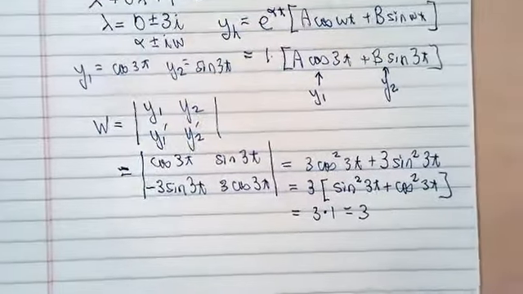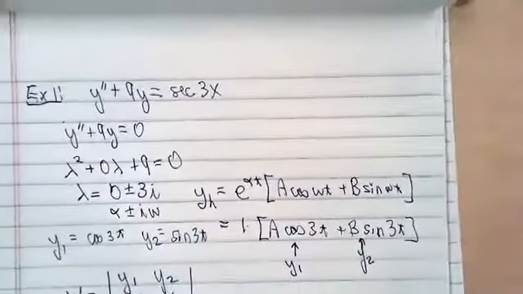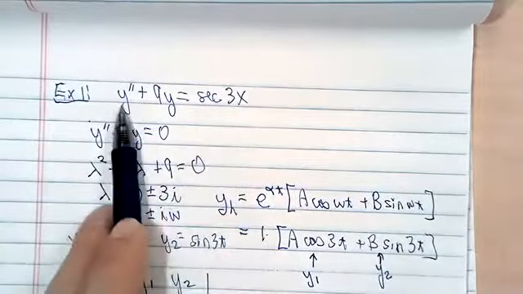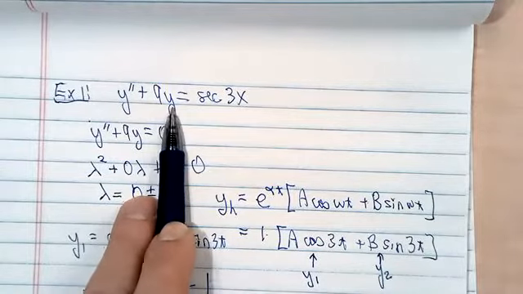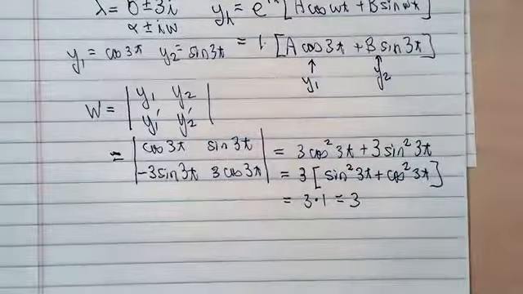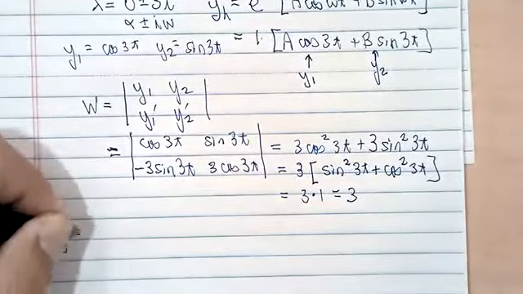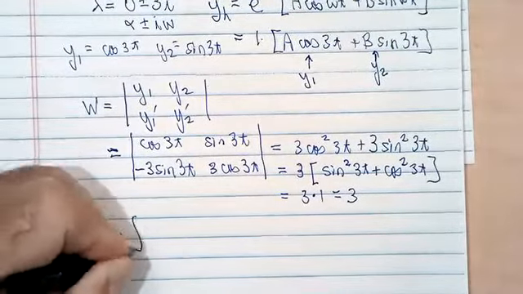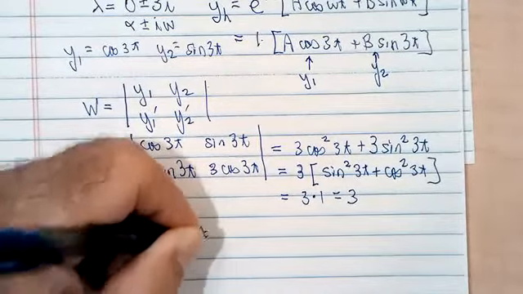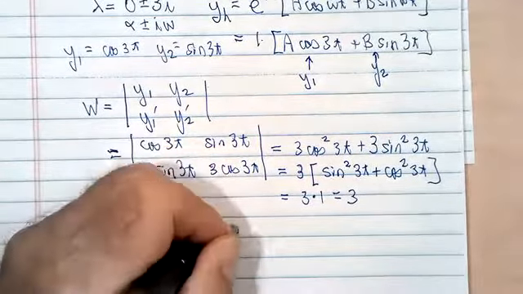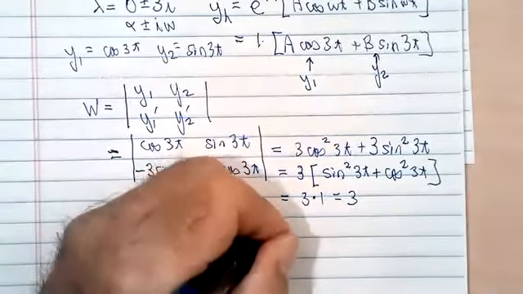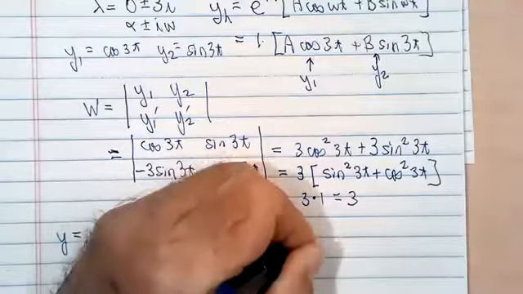And now I'm ready to write down a particular solution, a solution that will satisfy this, namely, you plug the y_p in here, it'll generate secant 3x. Okay, this is what you do. The formula says it's minus y1 antiderivative of y2 r over W dx plus y2 antiderivative of y1 r over W dx.